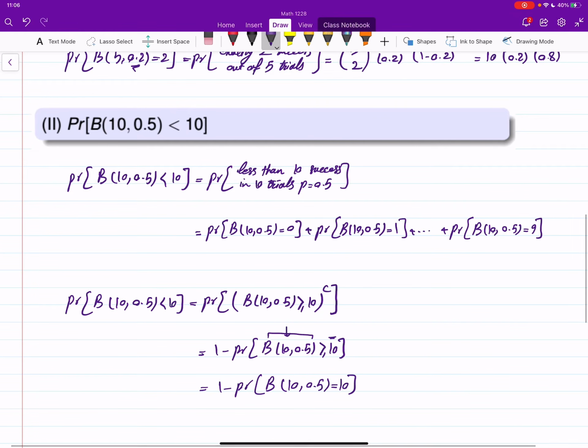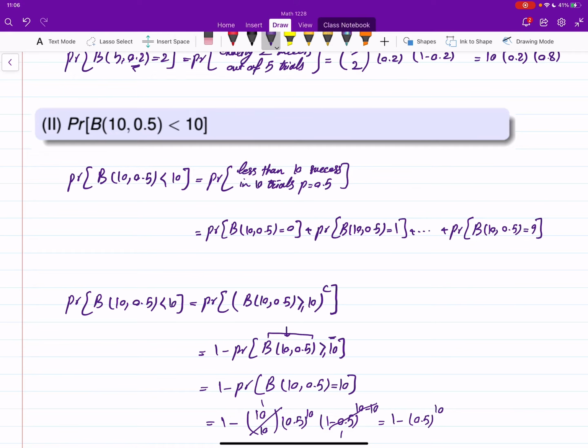Now that it's equality, you know what to do. 10 choose 10, p to the power 10, (1 minus p) to the power 10 minus 10. This is 1 minus 10 choose 10, which is 1. This guy is 0, so that number to the power 0 is 1. The remaining will be 0.5 to the power 10.